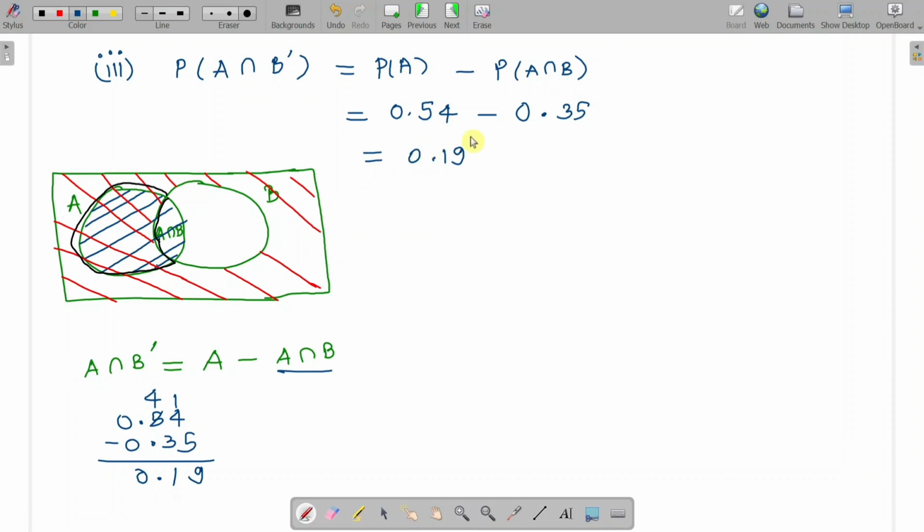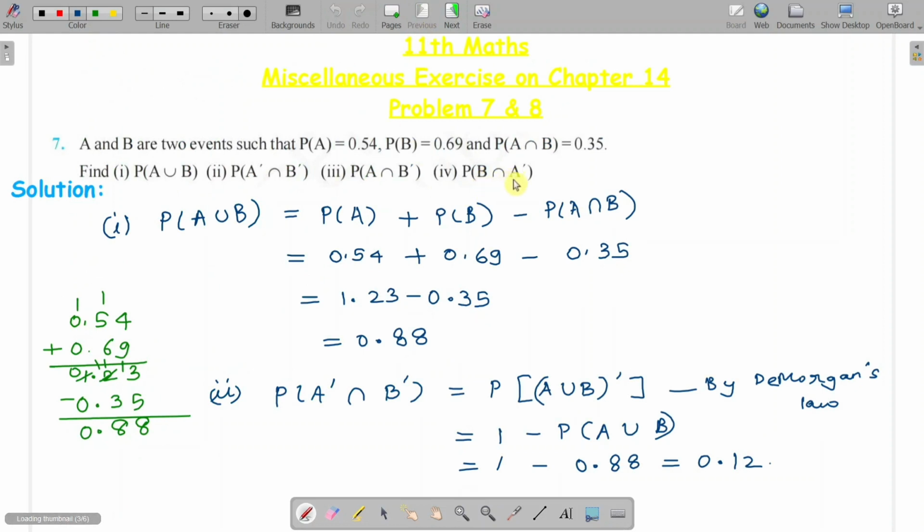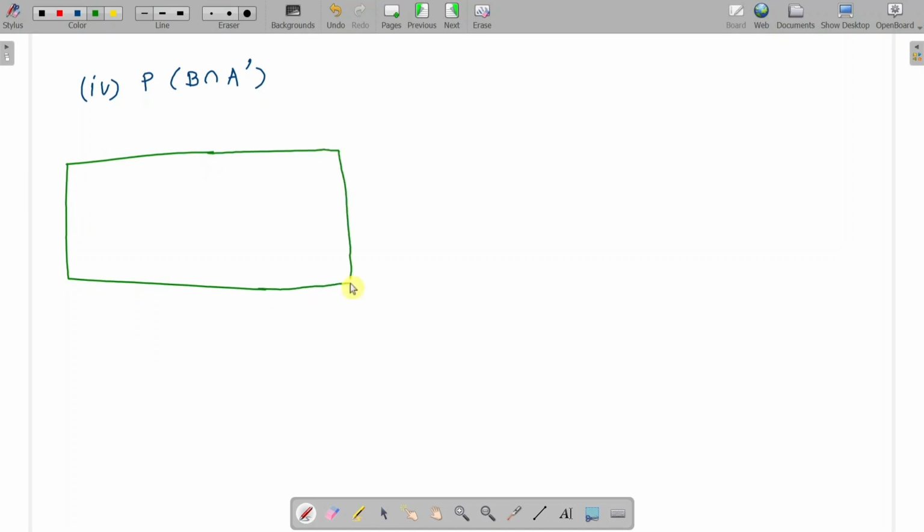Okay, so now let us go to the fourth sub problem. So we have to find probability of B intersection A complement. Again we will draw the Venn diagram here. So suppose this is set A, and this is set B, and this is A intersection B, right?